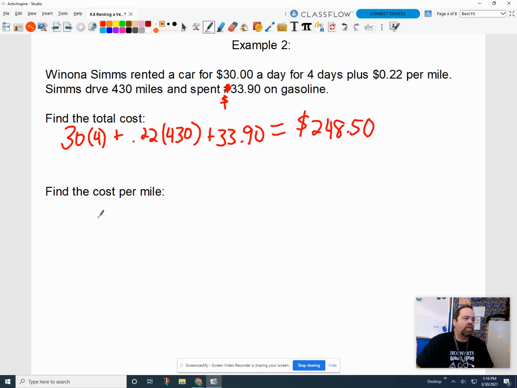Okay, so the cost per mile, we're going to take that $248.50 and divide it by the 430 miles that she drove. So her per mile cost is 58 cents when I round.